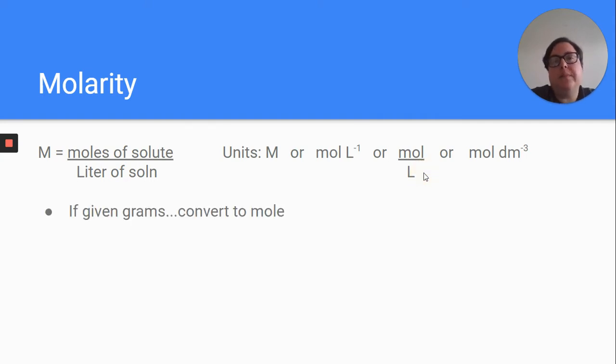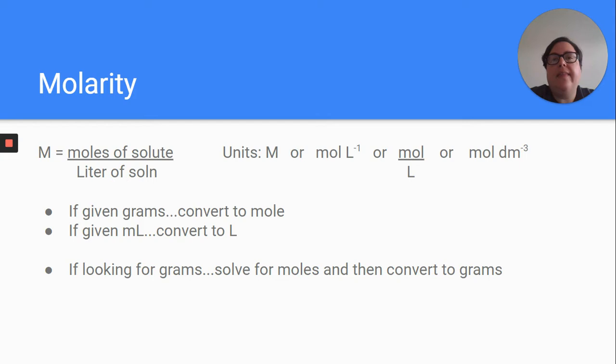So when you're looking at the problem, if the problem gives you grams, you want to take those grams and convert it to moles. If the problem gives you milliliters, you want to use King Henry died unusually drinking chocolate milk to go from milliliters to liters. And then the probably harder problem would be if you were asked to find grams.